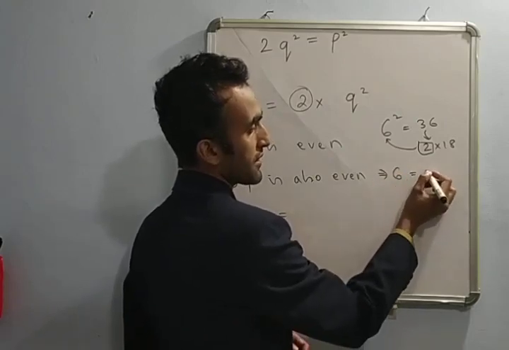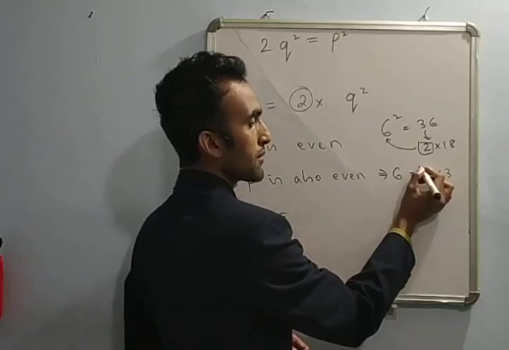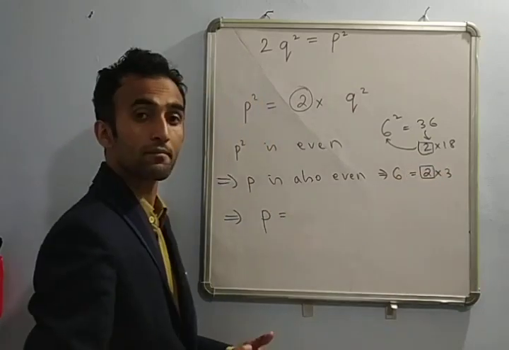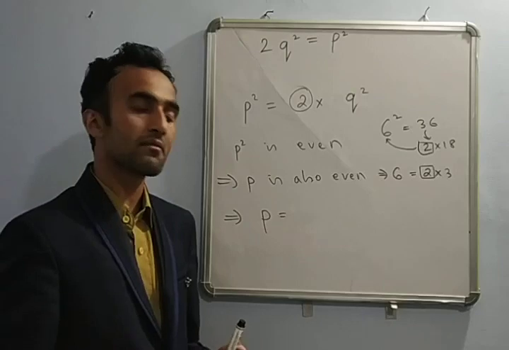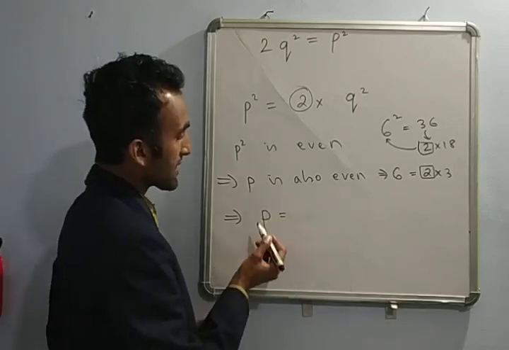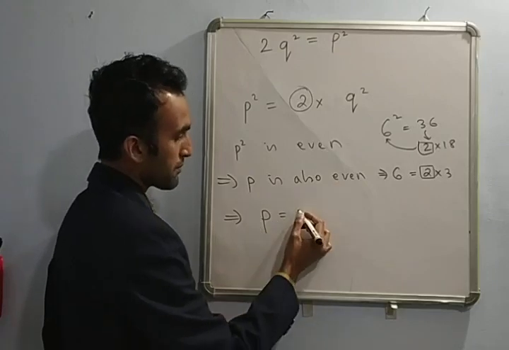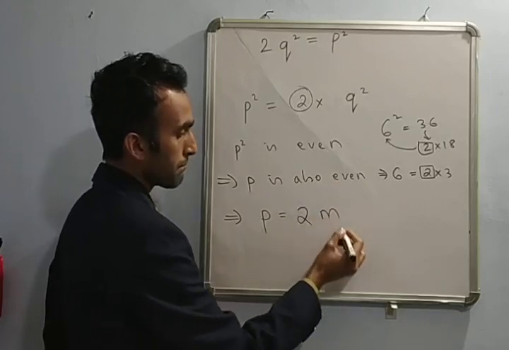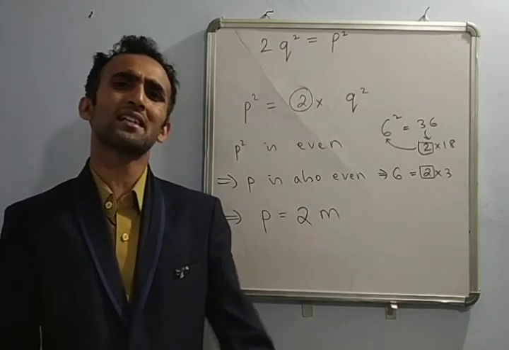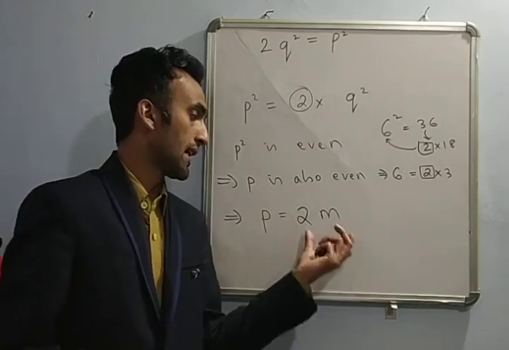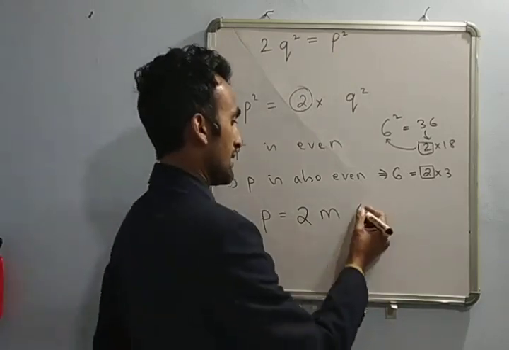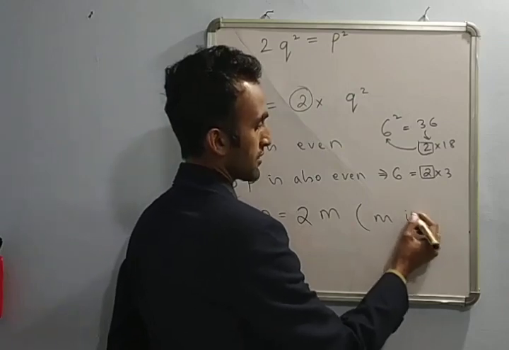And 6 can also be written as 2 into 3. Because of this, 6 becomes even. That's why whatever is even is a multiple of 2. So can't I write, if p square is even, p is even, which implies p equals 2m? 2 into something, m can be anything because I don't know what p is.